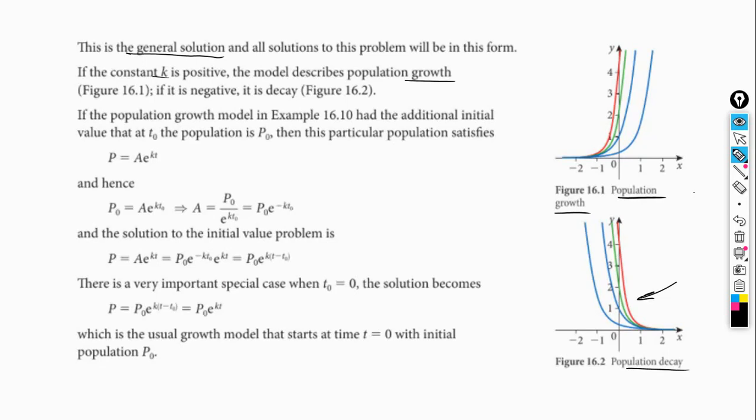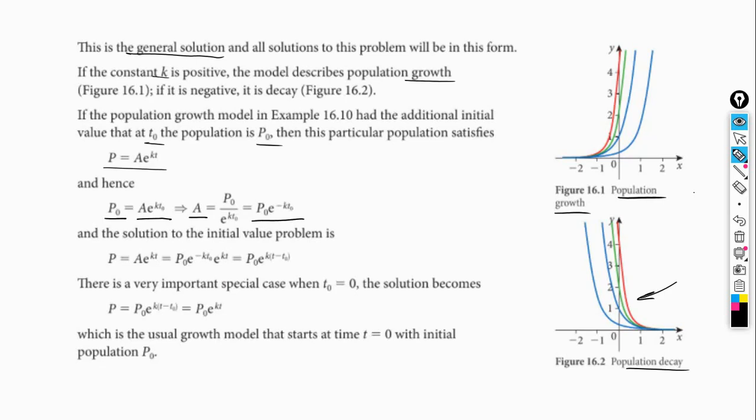If the population growth model in example 16.10 had the additional initial value that at t sub 0, the population is p sub 0, then this particular population satisfies the equation, and hence p sub 0 is equal to a times e to the power of k t sub 0. Therefore, a would be equal to p sub 0 divided by e to the power of k t sub 0, which is equal to p sub 0 times e to the power of minus k t sub 0.